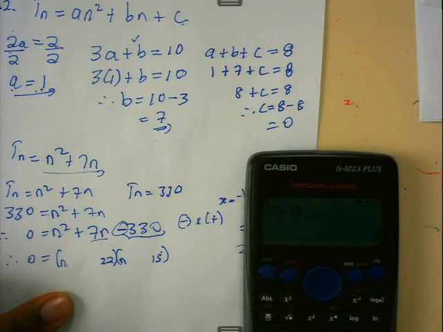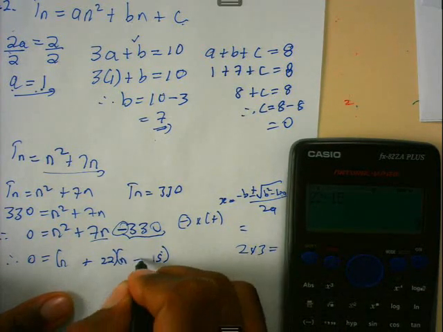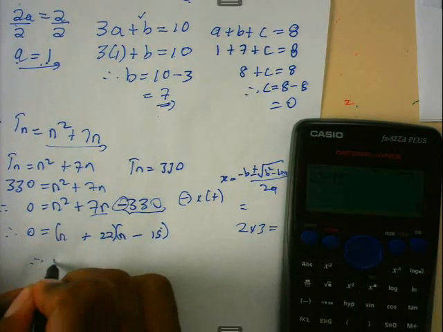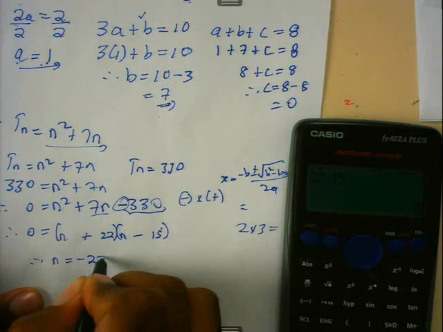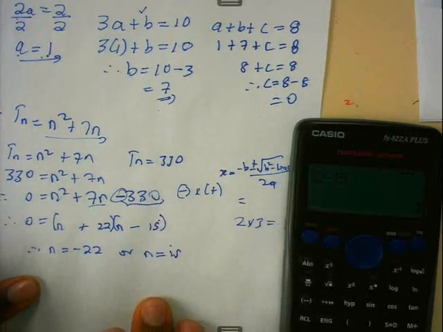Now, the question is which one must be positive? Of course, 22 must be positive, and therefore 15 is negative. Therefore, we can now say n is equal to negative 22 or n is equal to 15.